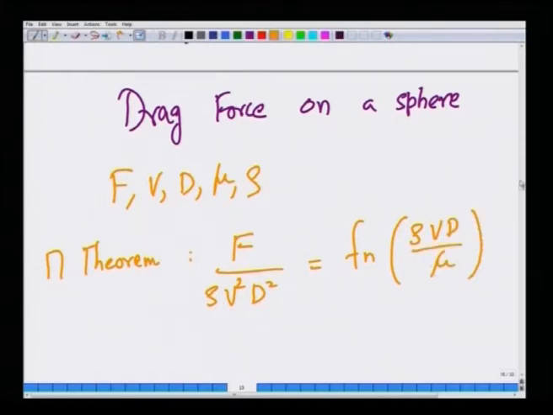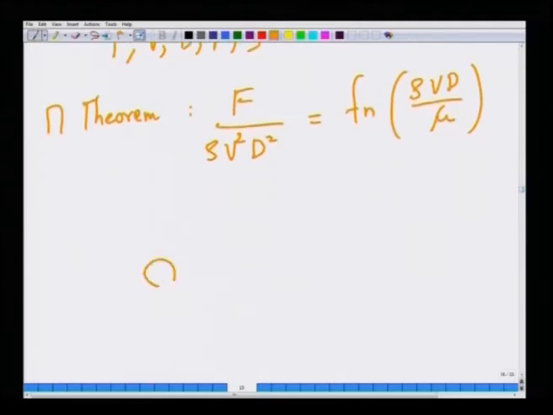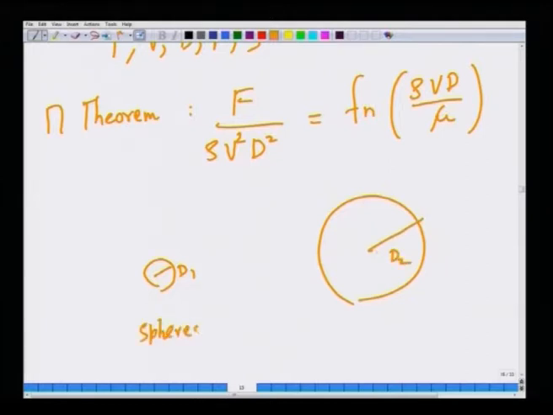So, if you have 2 different spheres of diameter d 1 and d 2, so both are spheres, this ensures geometric similarity.